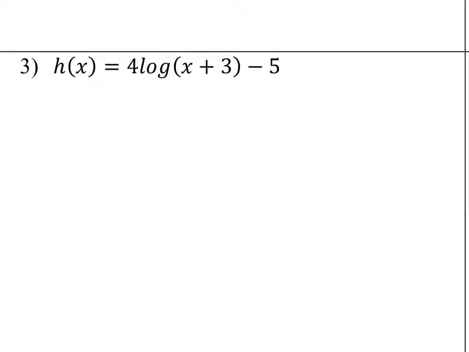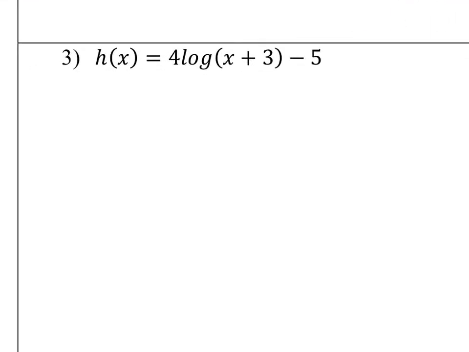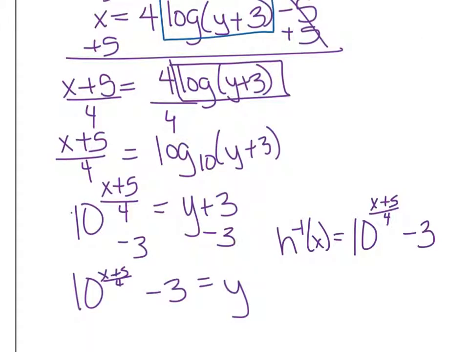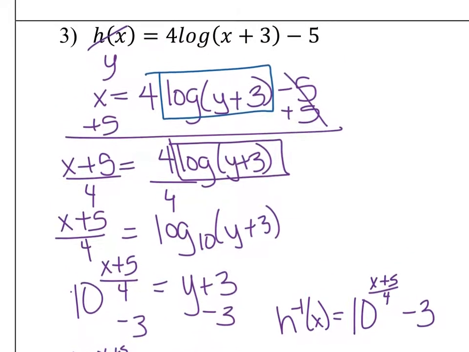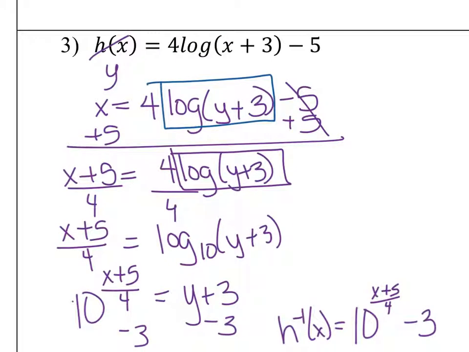Over here, just another example. Why don't you take a second and try this one on your own, and we'll show you the answer. And so here's the answer to this one. 10 to the x plus 5 over 4, all that minus 3. So just be careful. You have to isolate this log of x plus 3.